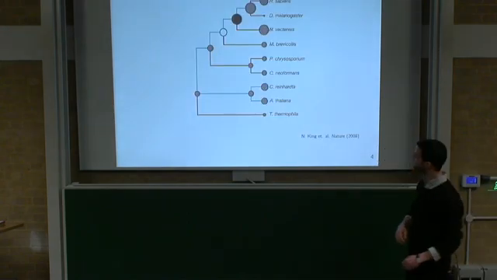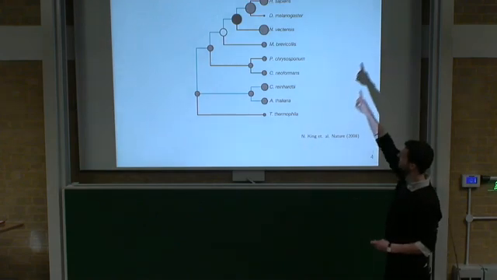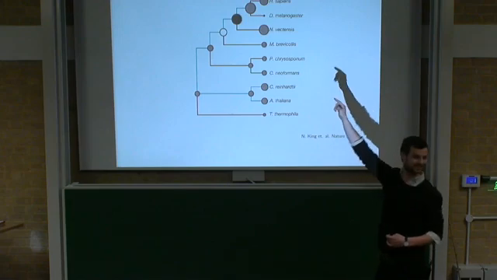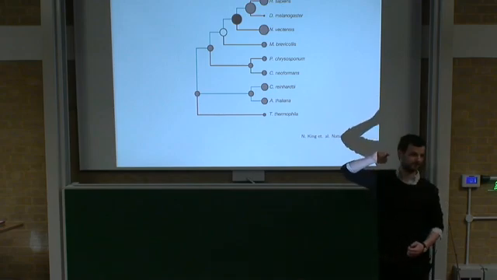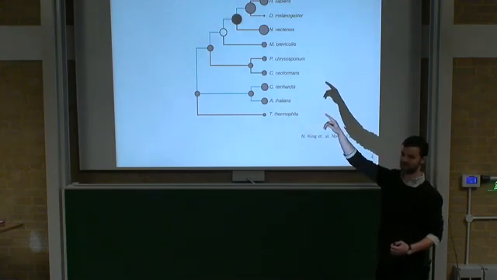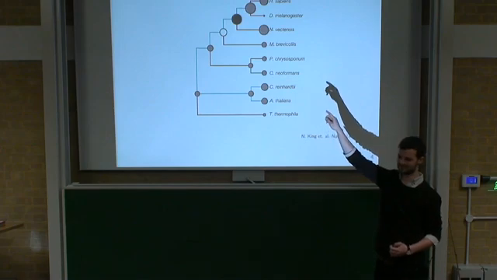Okay. So an important thing about it is where it lives in the tree of life. So we're all the way at the top. The black dot is the last common ancestor of the animals. The white dot is the last common unicellular ancestor.